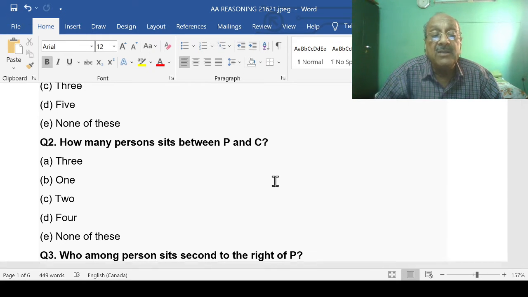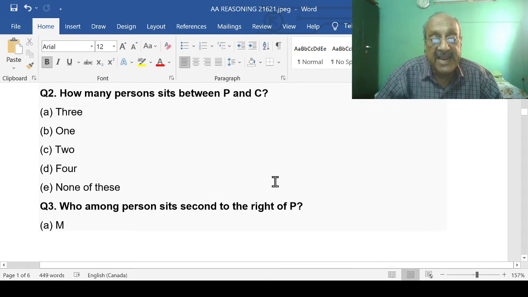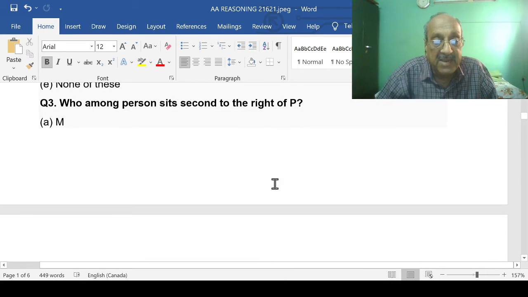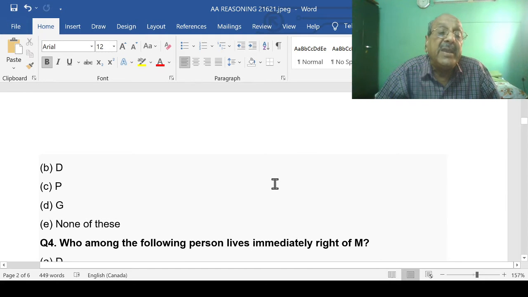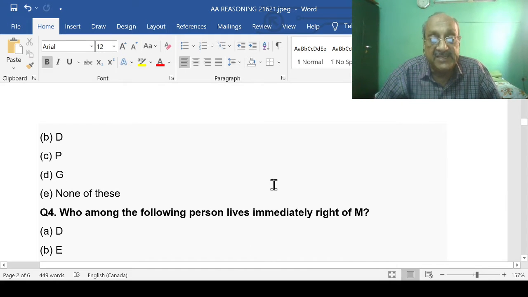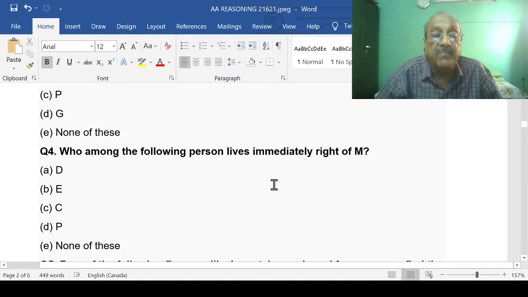Who among the persons sits second to the right of P? Choices: A, M, B, D, C, P, D, G, E, none of these. Who among the following persons lives immediately right of M?